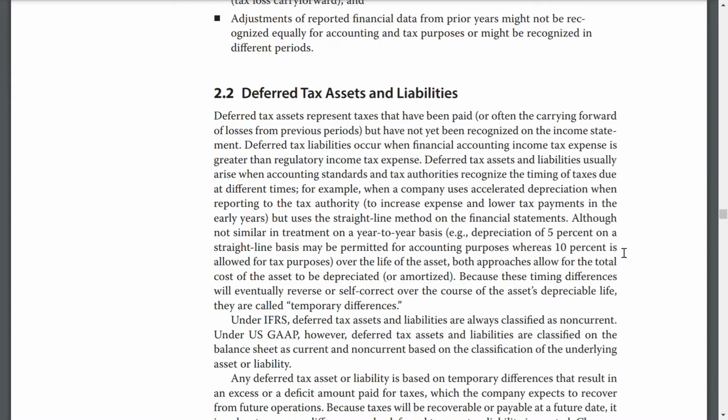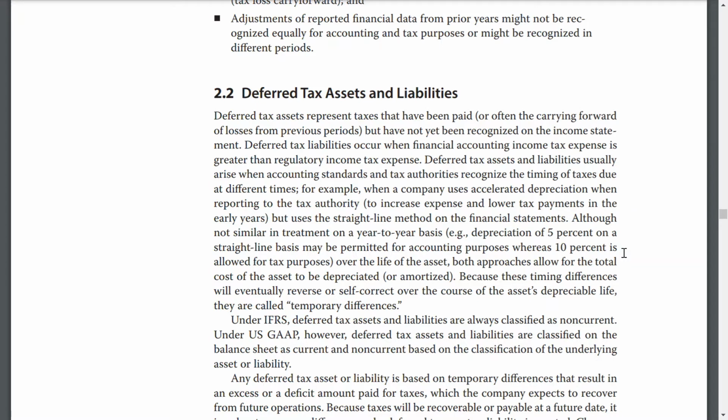For example, a company may use accelerated depreciation when reporting to the tax authority to increase expense or lower tax payment in the earlier years, but use a straight line method for financial statements, although not similar in treatment on a year-to-year basis. For example, depreciation of 5% on a straight line basis may be permitted for accounting purposes, whereas 10% is allowed for tax purposes over the life of the asset.